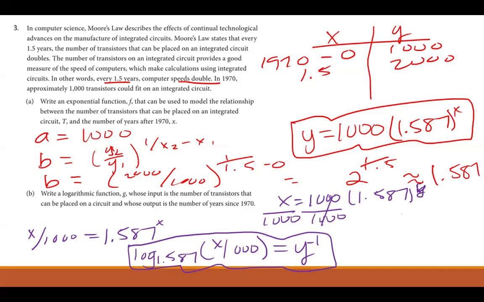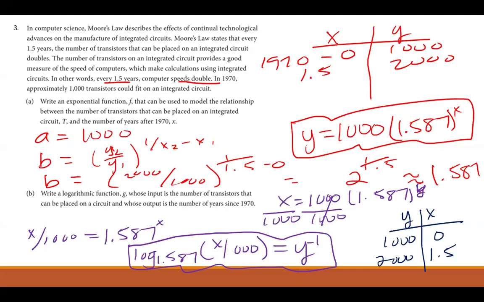So your table that you're putting in for Desmos, because it's inverse, that means your X's and Y's are switching. So your table becomes 1,000, 0, 2,000, and 1.5. Because inverse literally means your independent and dependent do what? Switch. So your X and your Y are switching roles.